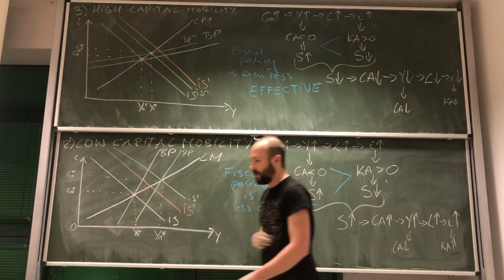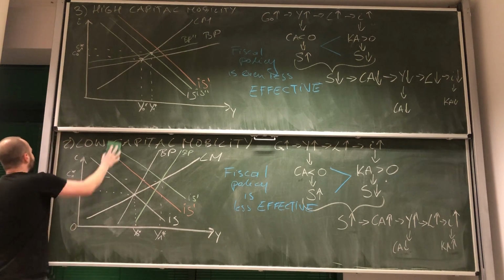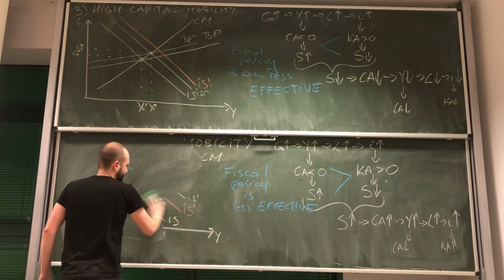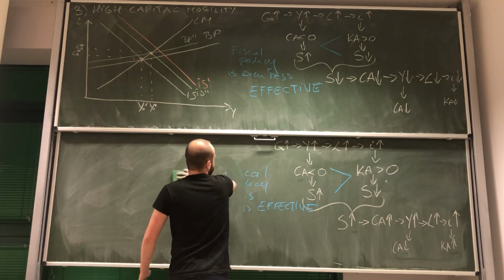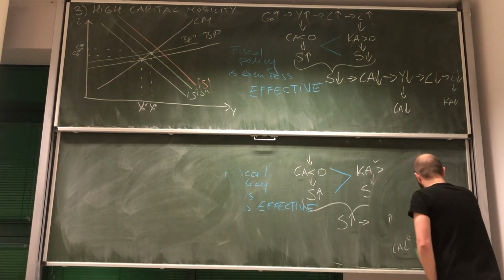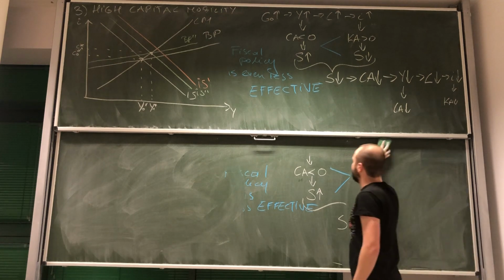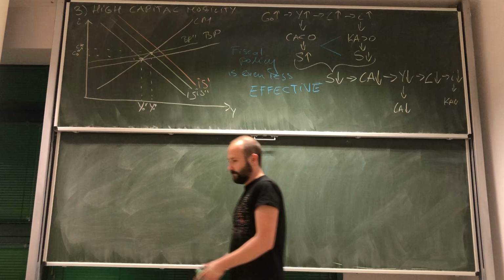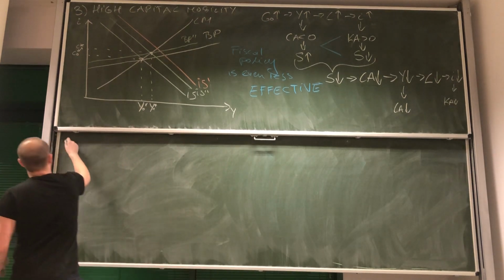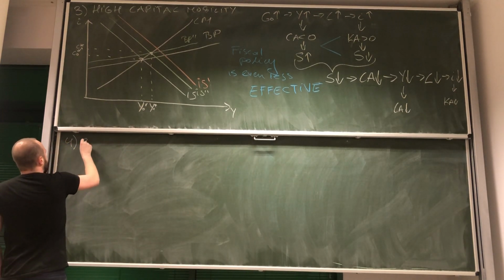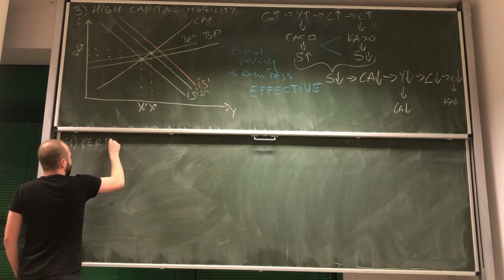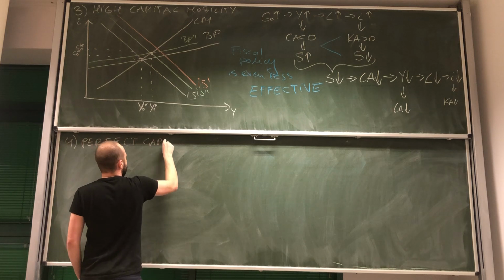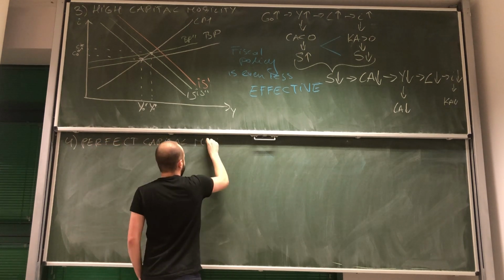Okay, so finally, let's consider a case of perfect capital mobility. So we've got number 4, perfect capital mobility.